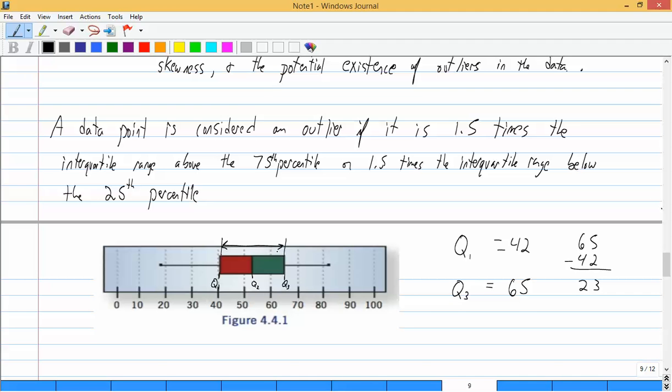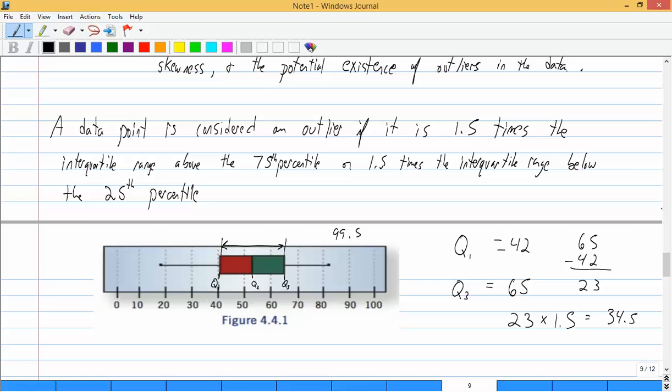All right. And so if you want to know if a number is an outlier, say 23 times 1.5, all right, that gives me 34.5. So if you add 34.5 to 65, that's 99.5.